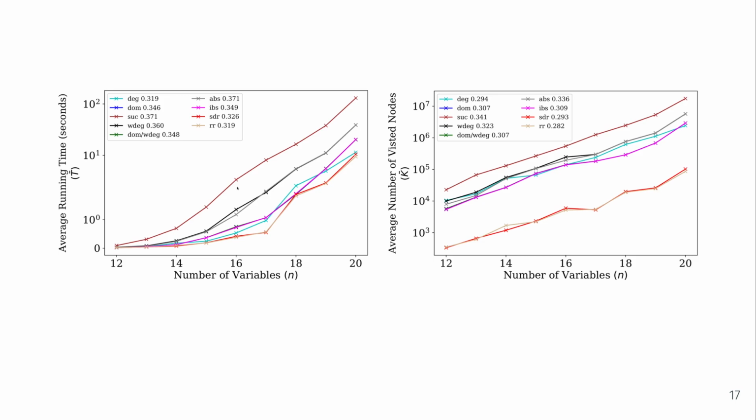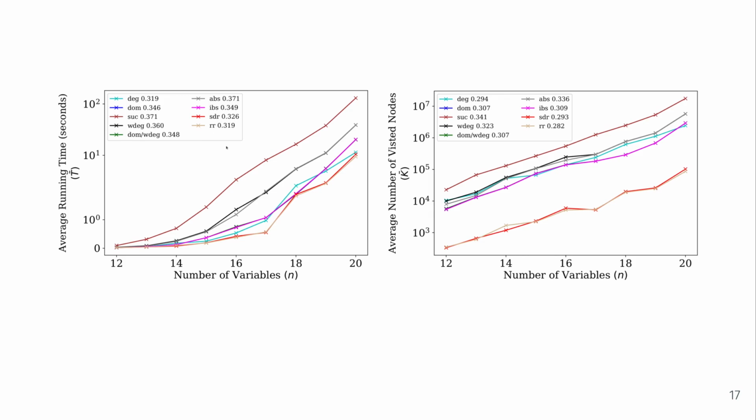So here, the lower the curve is, the more efficient the algorithm is. Here, SDR and RR are at the bottom compared with the other algorithms. And the trend, if we look closely, the slope is actually smaller than the other algorithms.